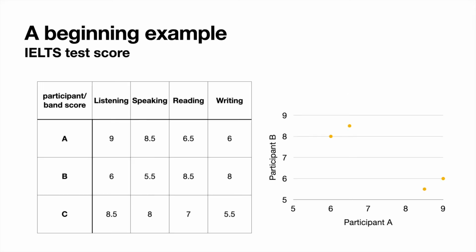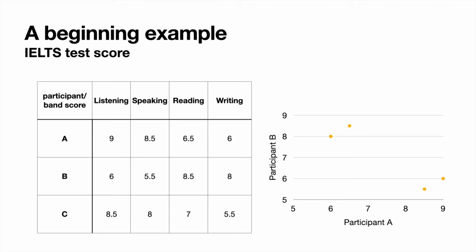So let's begin with a simple example. We know that the IELTS band score consists of 4 parts: listening, speaking, reading, and writing. The band score in each part can evaluate the performance of the participants in this single part. So we know that different participants may have different performance.